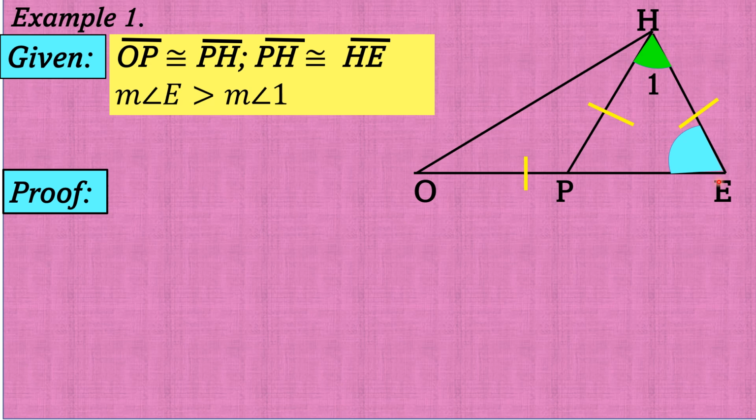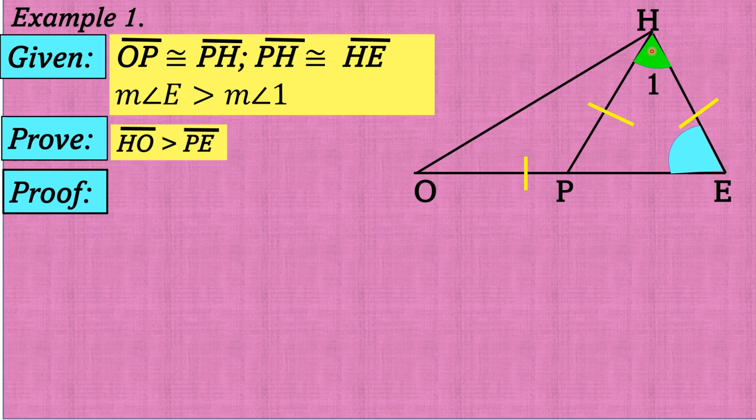And also given in the figure that the measure of angle E is greater than the measure of angle 1. So nilakihan ko na dito yung angle, the illustration showing that angle E is greater than angle 1. Now, we are going to prove that side HO is greater than side PE.